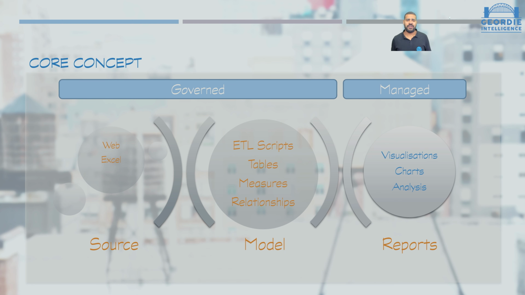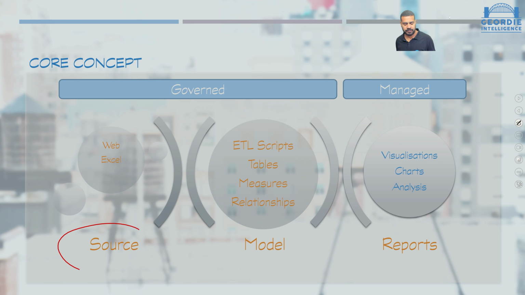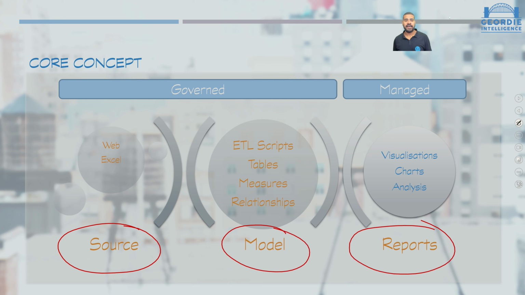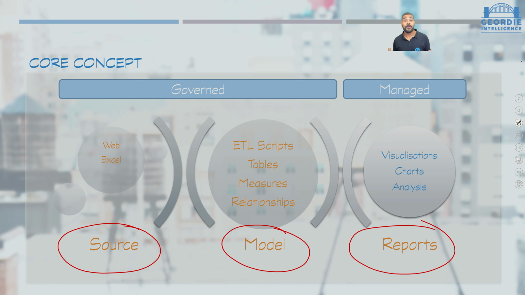So what we've got really is here, okay? We've got the idea that we've got sources, we've got a model, and then we've got reports. So we've got 3 key areas that we're going to be faced with as we look to deal with how our Power BI content is going to be served up and how our people are going to consume it.